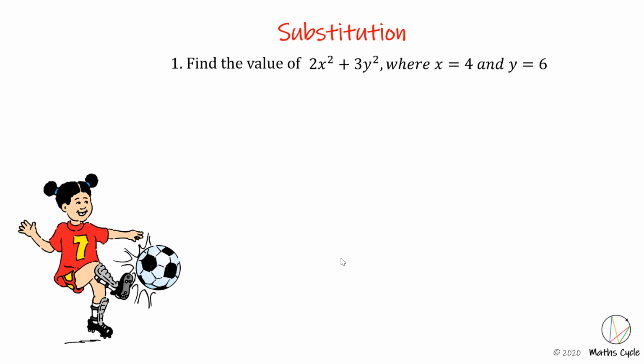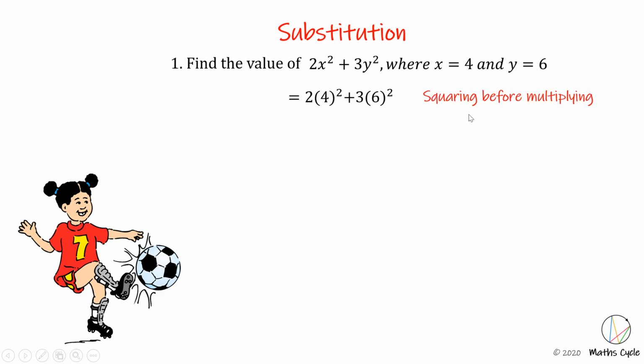Let's look at another one. Find the value of 2x squared plus 3y squared where x equals 4 and y equals 6. Okay, so player x is coming off the field and player number 4 is going in brackets. Player y is coming off the field and player 6 is going in brackets. Now, do you remember what you do here? We have to square first, then multiply, then add.